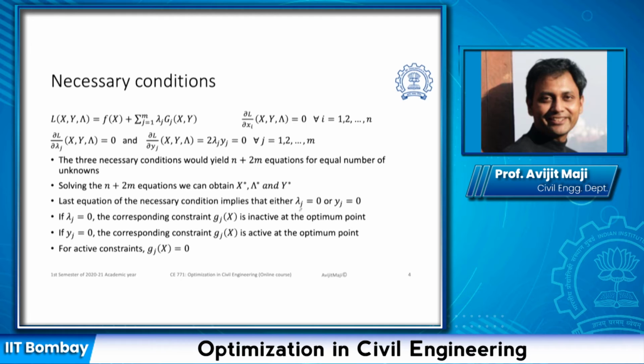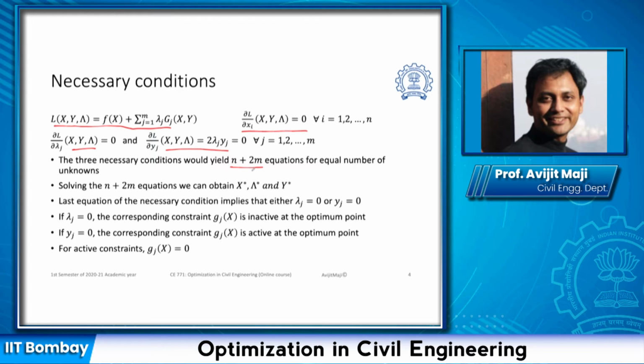Now in this necessary condition, we had represented the Lagrange function as this, and in the necessary condition the partial derivatives which look like this are equal to 0, this is equal to 0, and this is equal to 0. In this we said that these equations would yield n plus 2m equations for an equal number of unknowns. So we have n variables, m Lagrange constants, and m slack variables.